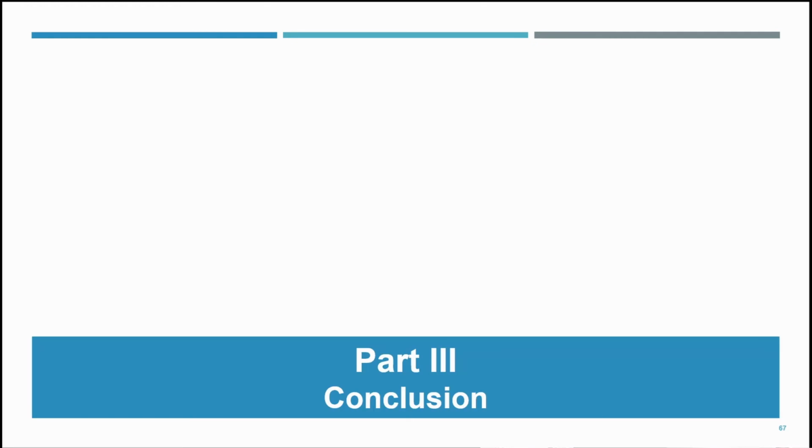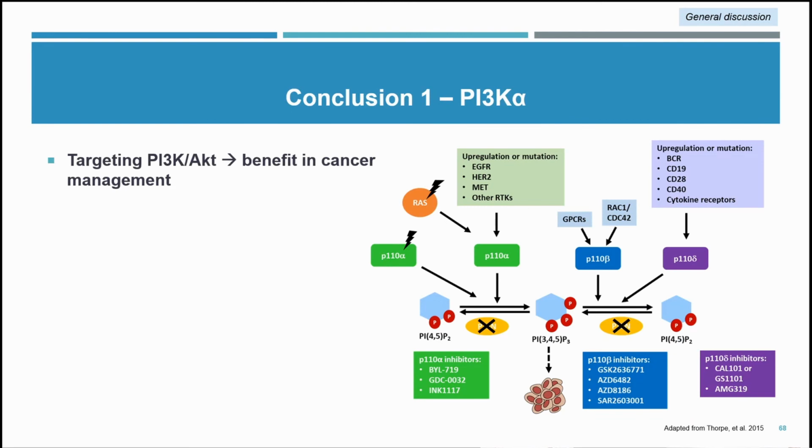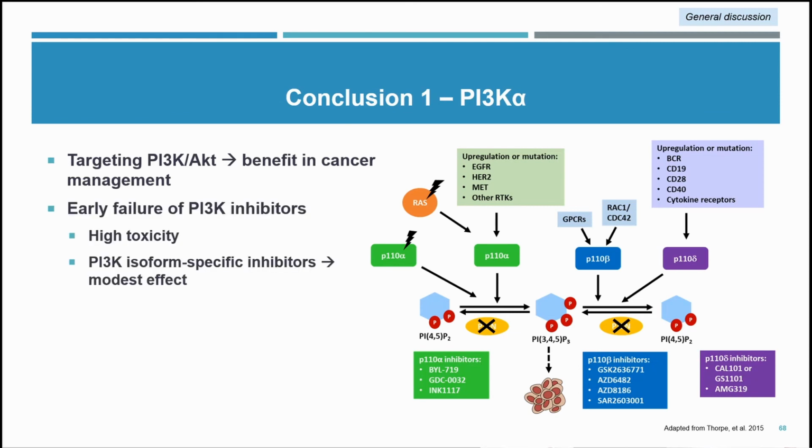So to conclude, I have presented you 2 different models where I worked with 2 different PI3K isoforms. For the PI3K alpha isoform, we know that targeting the PI3K AKT pathway will benefit the management of cancer. We also know that the PI3K inhibitors had an early failure in clinic because of their high toxicity, but this problem was partially solved by the development of PI3K isoform-specific inhibitors, though they still had a modest effect.